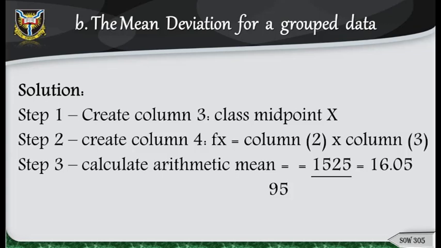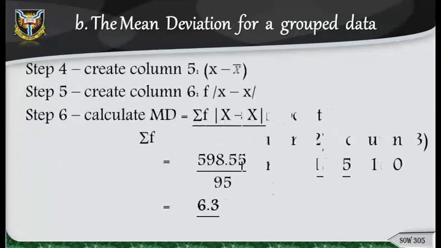Solution. Step 1. Create column 3, the class midpoint X. Step 2. Create column 4, fx, equal to column 2 times column 3. Step 3. Calculate the arithmetic mean, X bar, equals 1525 over 95, equals 16.05. Step 4.